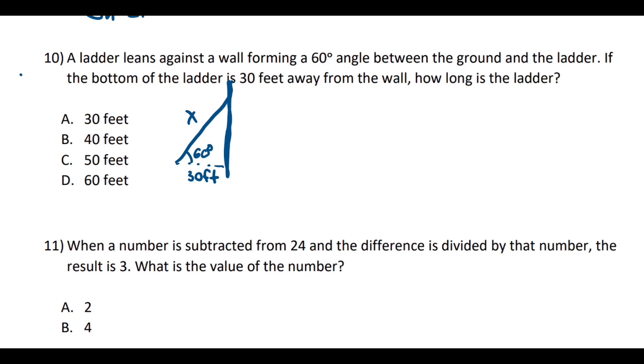Whenever you have a triangle, you have one angle and you have 2 sides, one of them missing. This is usually going to be a trigonometric question. So what comes to mind should be SOHCAHTOA.